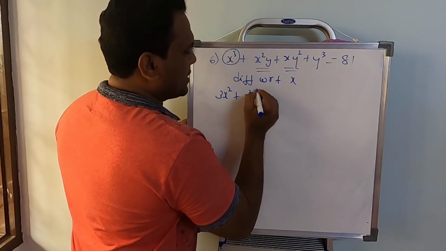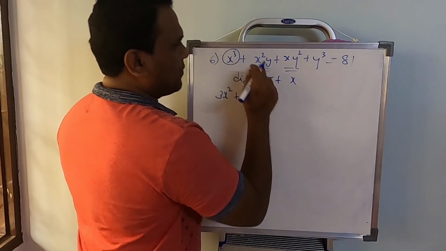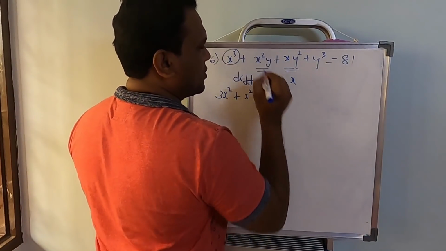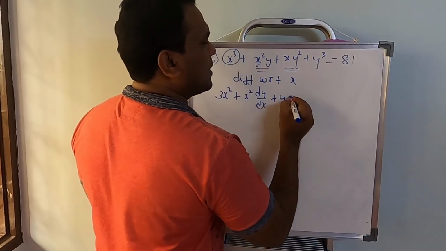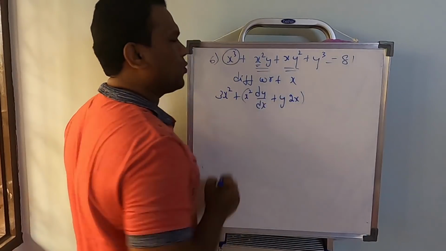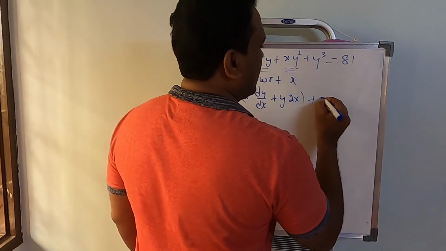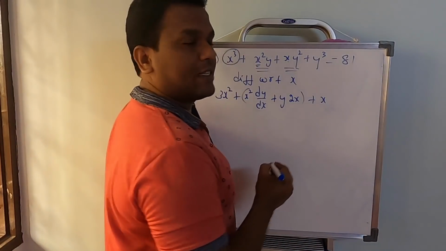Product rule for this, x square multiplied by first function into differentiation of second function plus second function into differentiation of first function, that is differentiation of x square. Differentiation of x square will be 2x. Product rule for this one. And again product rule for this, x multiplied by differentiation of y square.